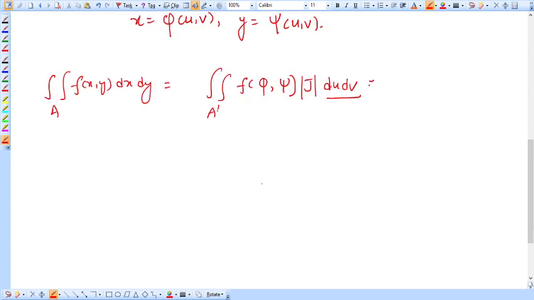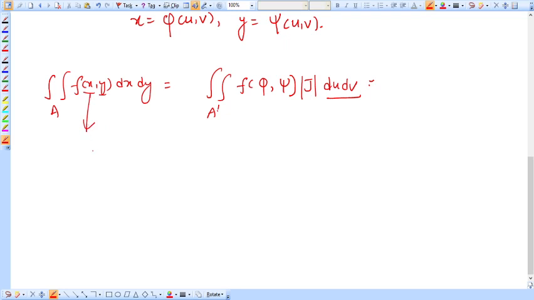Now take a particular case. In this case we are going to change Cartesian coordinates into polar coordinates. How do we change these?